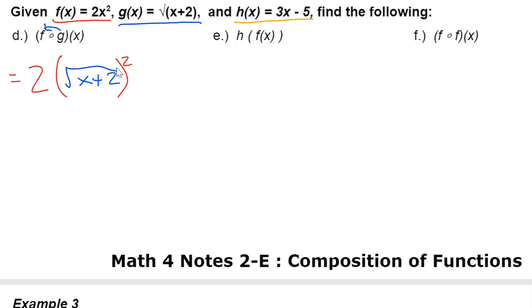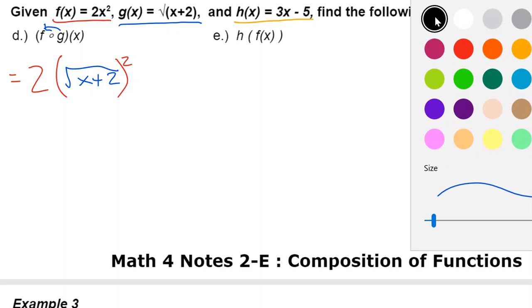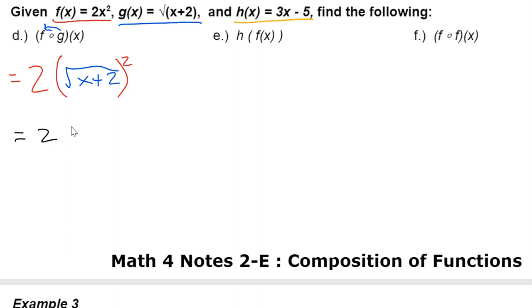Well, the square and the square root are going to cancel each other out, and we're going to be left with this. X plus 2 is still in parentheses, which distributes out to look like that.